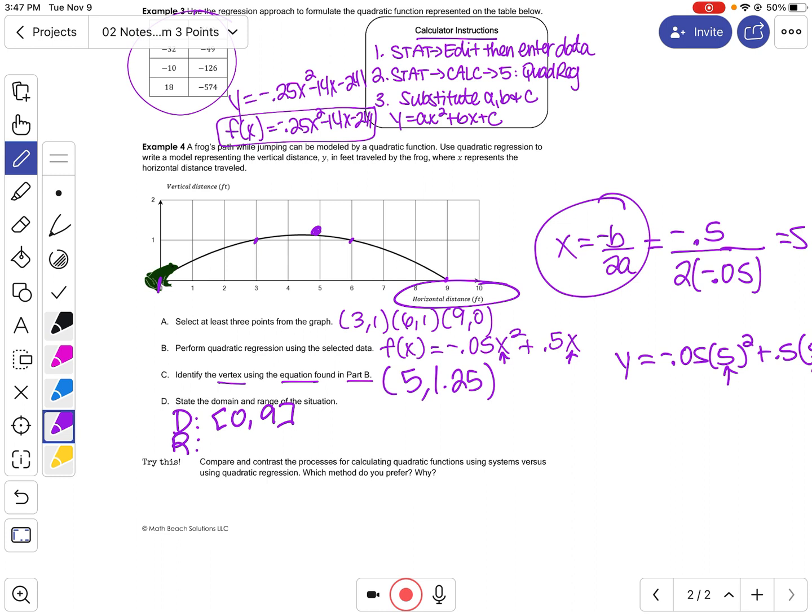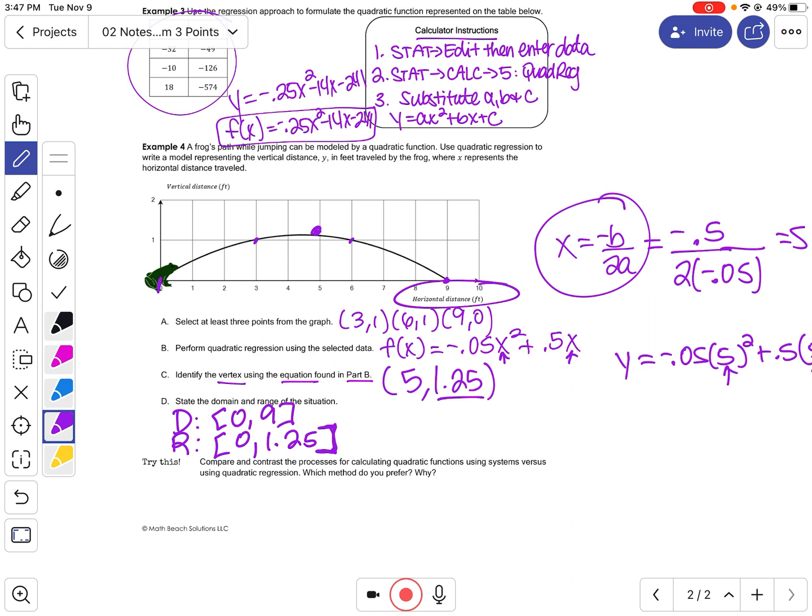And then our range is going from 0, because it's at 0 right here, and then it goes all the way up to that maximum. So that maximum would be 1.25. It's also a bracket.